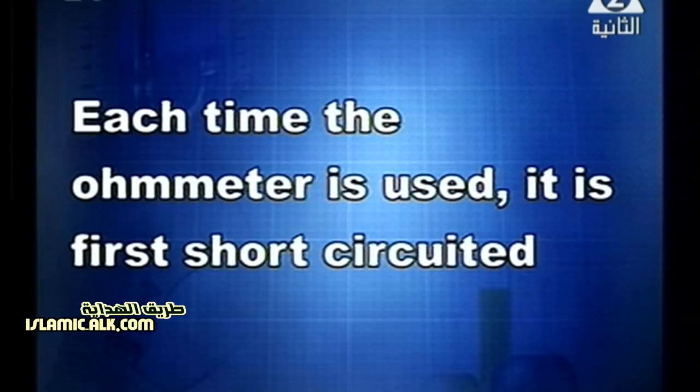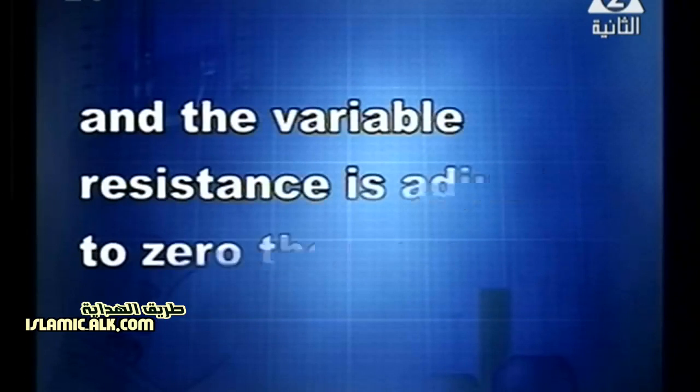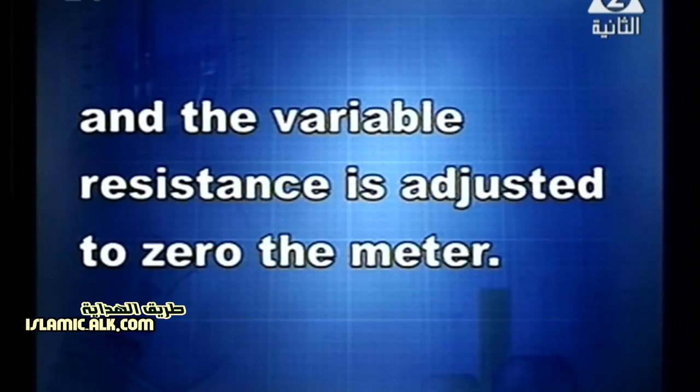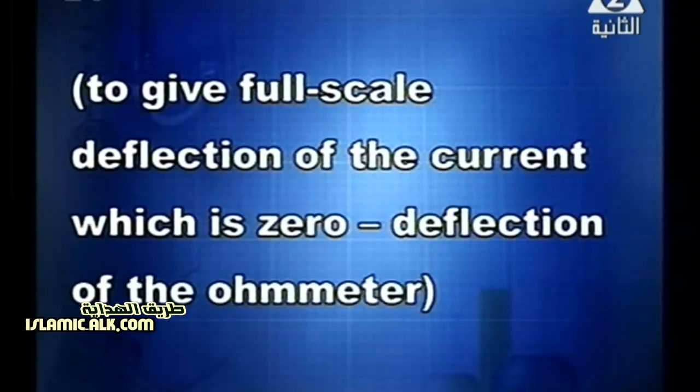What does it mean? The variable resistance is adjusted to zero the device, to give the full scale deflection of the current, which is 0 deflection of the ohmmeter. This was about the function of the variable resistance.